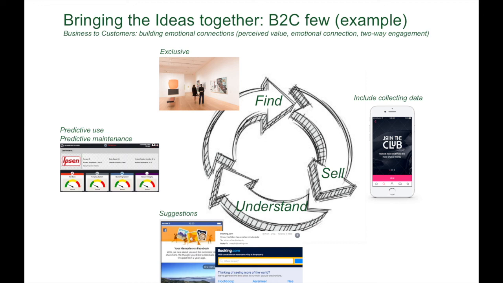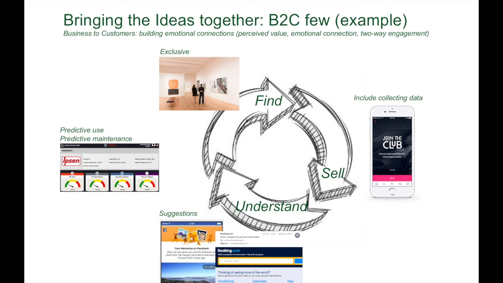So here the examples would include that I have some kind of exclusive option to approach them. Galleries, art is typically an interesting starting point where I can try to find very exclusive customers.